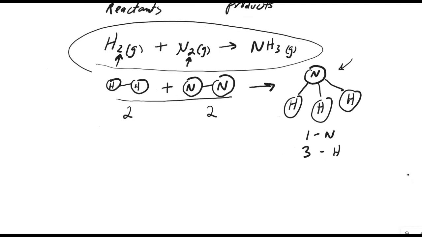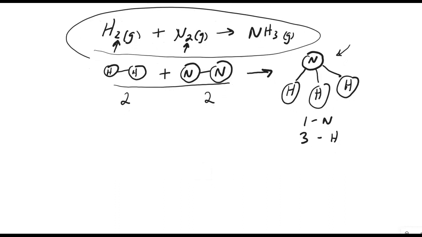We never ever touch the subscripts, never, because those represent the correct formulas for the chemical compounds. What we do is we use coefficients, and the coefficients go, of course, in front of the chemical compound. And let me show you what I mean by that. Okay, and this is where you kind of have to think of some of the things you learned in algebra.